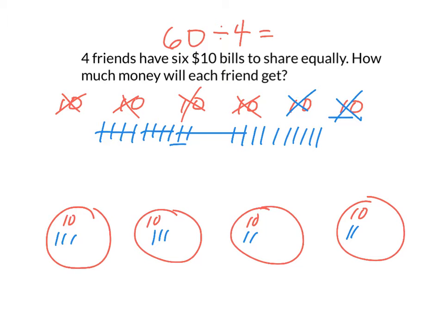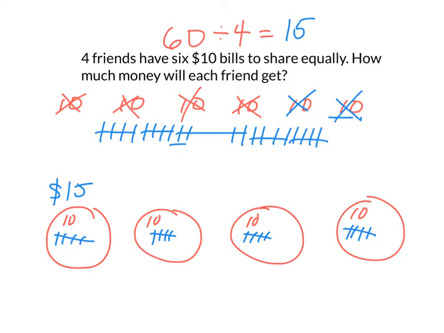Those 4 will get distributed. Those 4 get distributed. And finally, those 4 get distributed. And now I count. Each person gets 10, 11, 12, 13, 14, $15. So the answer to 60 divided by 4 is 15.